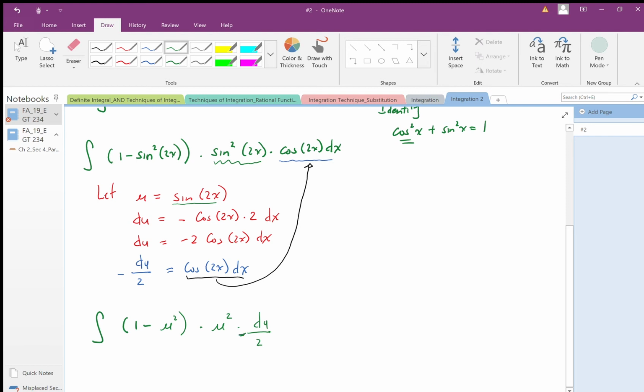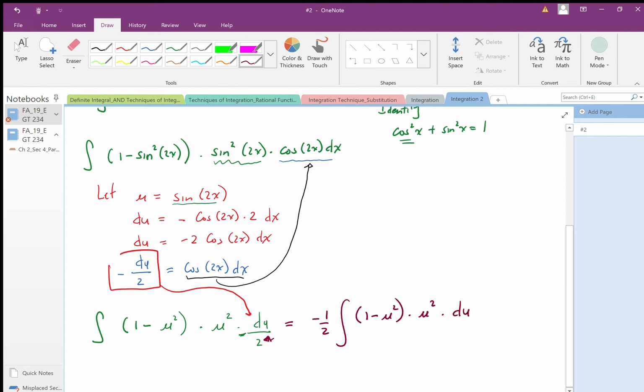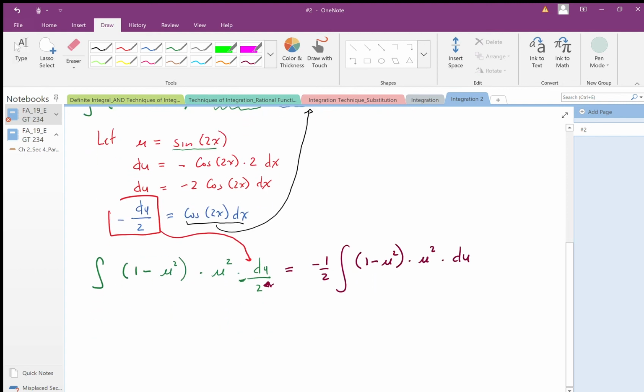I'm going to take out the 1/2 from this part right here. That's going to give me 1 minus u squared times u squared times my du. Okay, so I'm good to go.